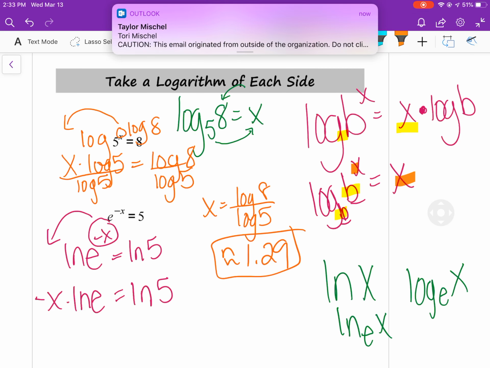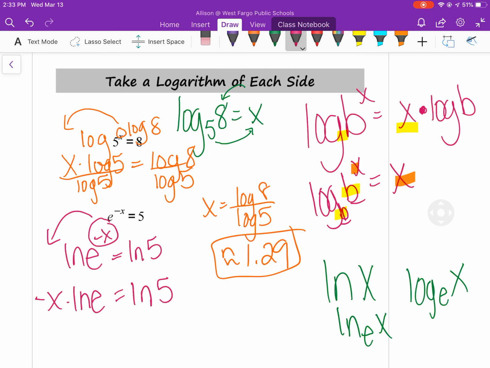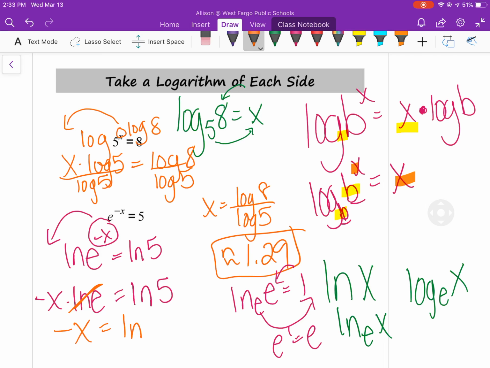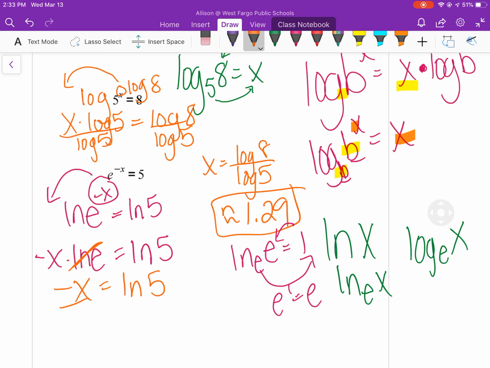Now, because the ln of e, ln base e of e, that's going to equal 1, because remember, e to the first equals e. So this right here equals 1, so you're just left with negative x equals the ln of 5. So we can divide by negative 1, so x equals negative ln of 5, the negative natural log of 5.